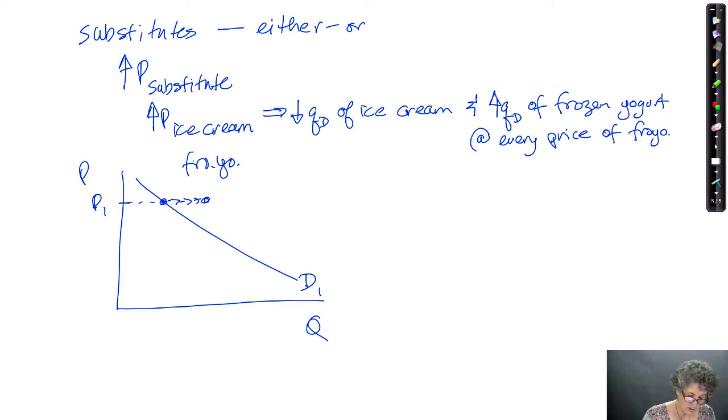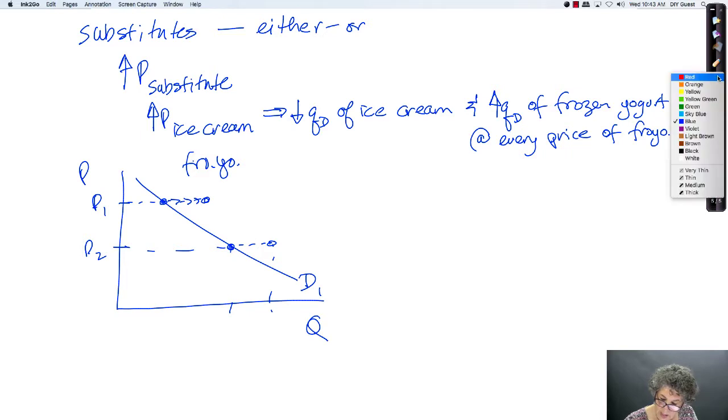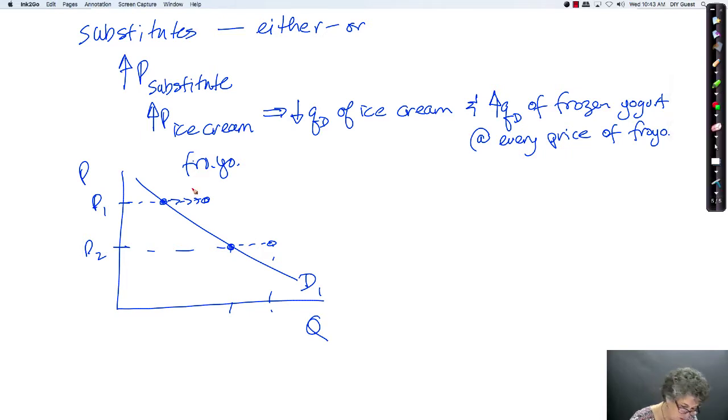There's a higher quantity demanded at price P1. There's a higher quantity demanded at price P2. That's true at every possible price. And so we get an entirely new demand curve. I don't know why I have that cute little pencil there now. We have a new demand curve D2 as a result of the increase in the price of the substitute.